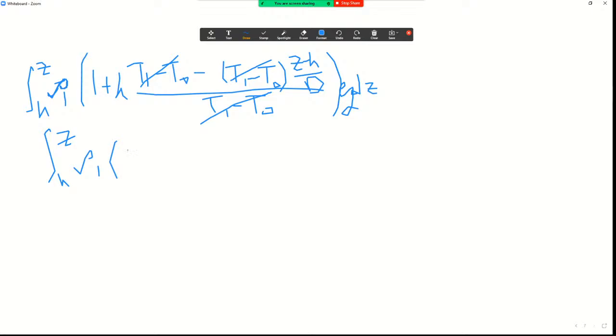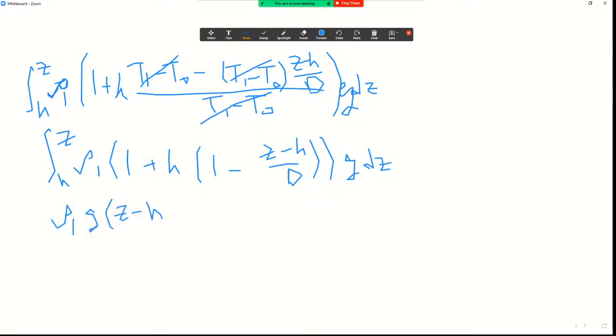And then we just have hz rho 1 plus h 1 minus (z minus h) over d, g dz, and then these will be constant, so we have rho 1 g z minus h plus rho 1 times.